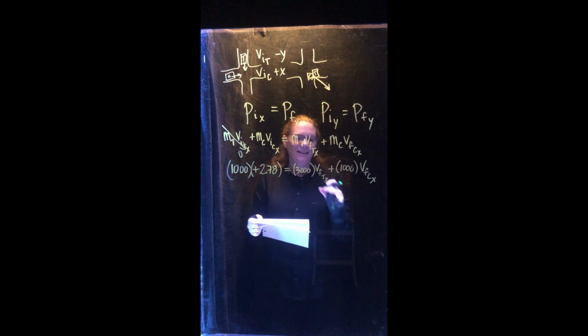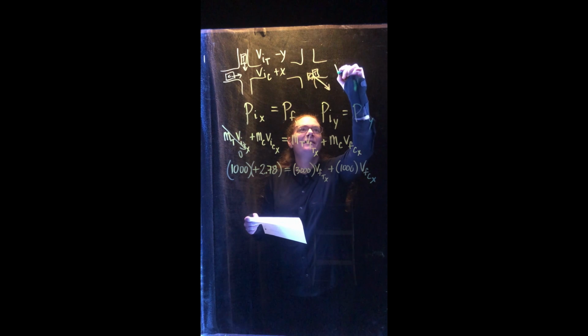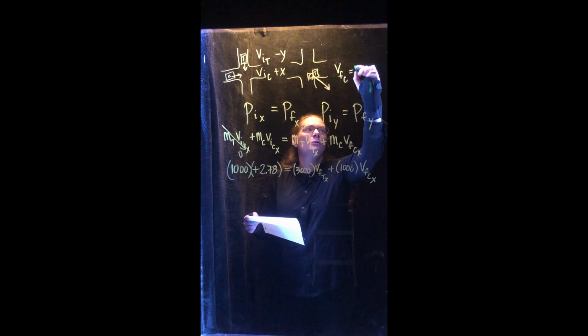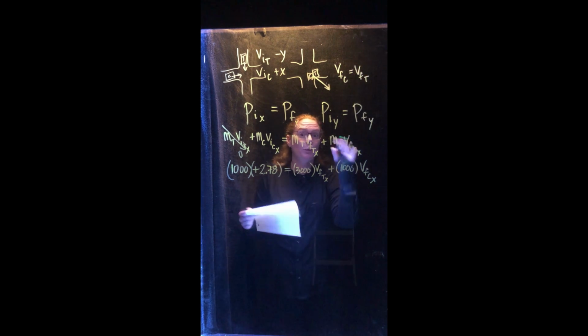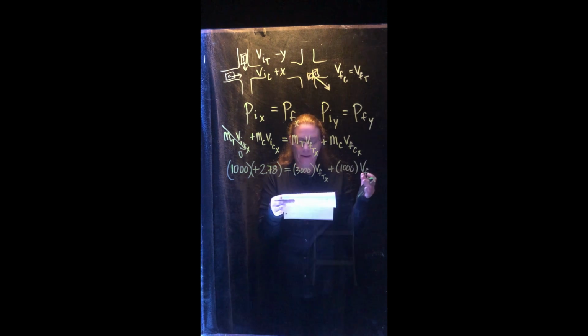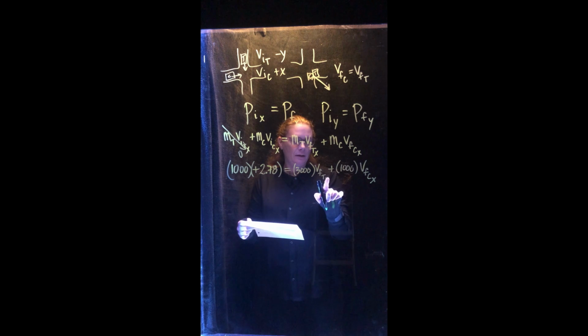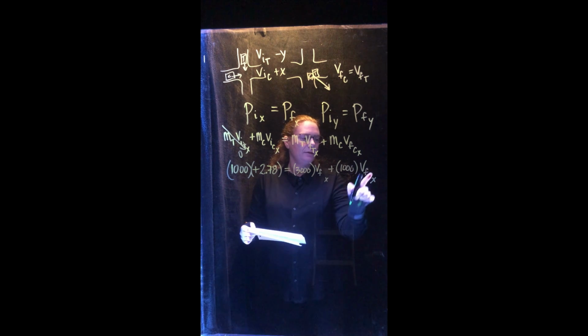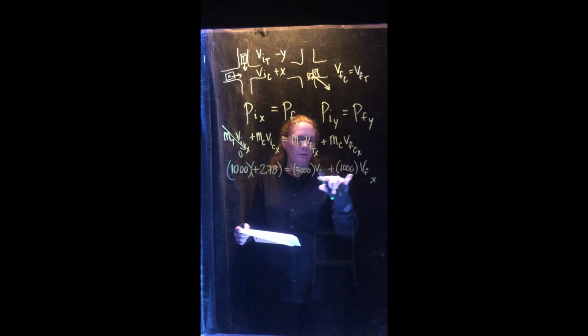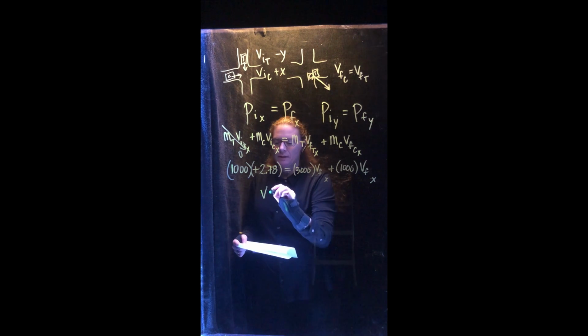Now again, they stick together. So V final car equals V final truck in both x and y. They have exactly the same velocity. Car and truck are the same, so I can just do that.